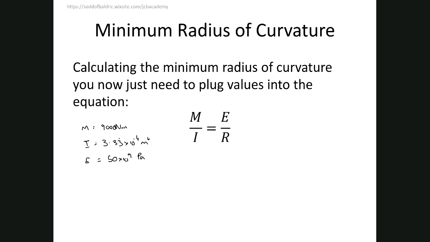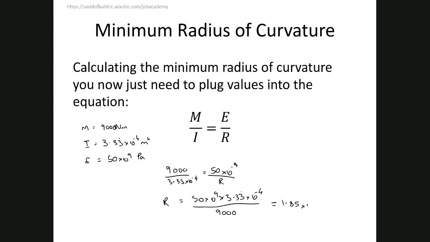Plugging that in, we get 9,000 divided by 3.33 recurring times 10 to the minus 4 is equal to 50 times 10 to the 9, divided by R. Rearranging that, R is equal to 50 times 10 to the 9 times 3.33 recurring times 10 to the minus 4 divided by 9,000, and we have a minimum radius of curvature that comes out as 1.85 times 10 to the 3 meters.